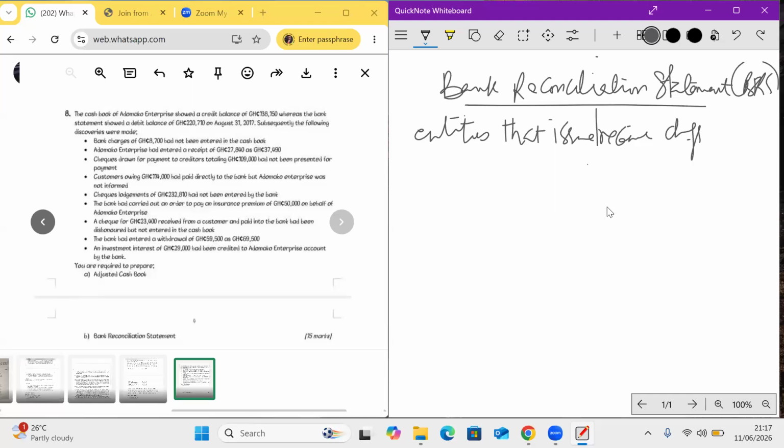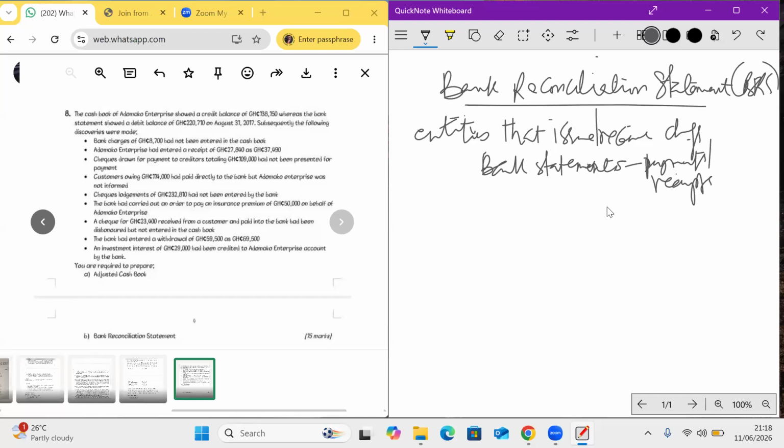Why? Because these entities can be entitled to bank statements, to be able to track checks, to track payments and receipts.